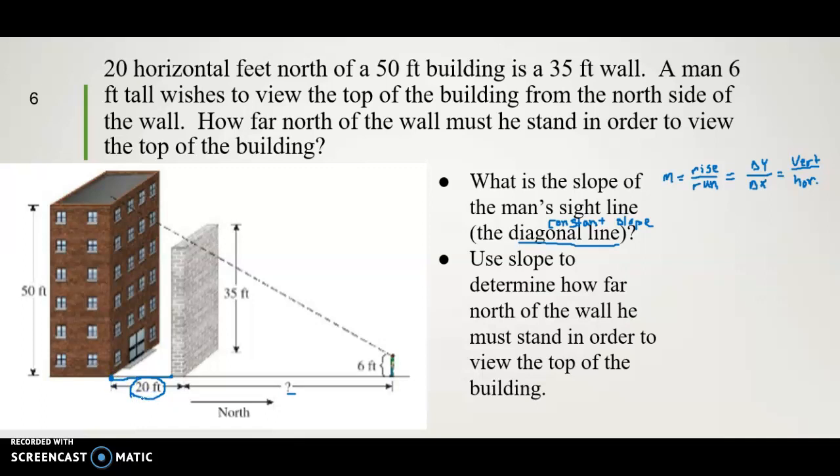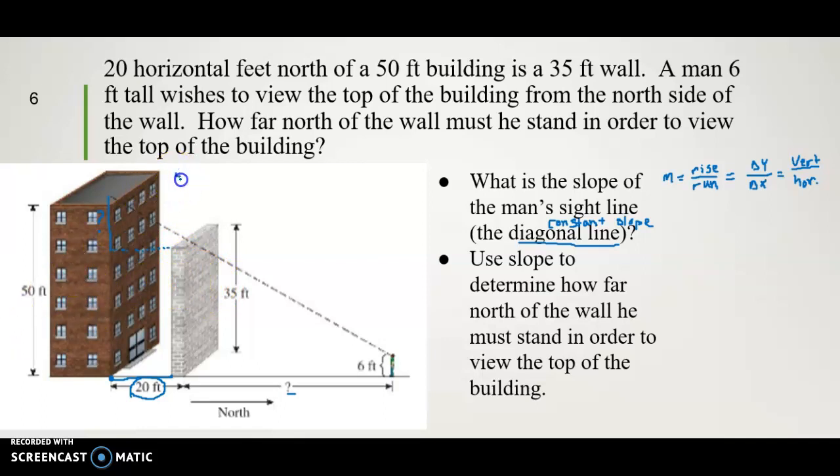So that is the horizontal direction, 20 feet. What I want to figure out is in that same time frame, so if I would dot this straight across, and I know you can't really see that, how much vertical distance have I changed? And I should be able to figure that out because I know how tall the wall is and I know how tall the building is.